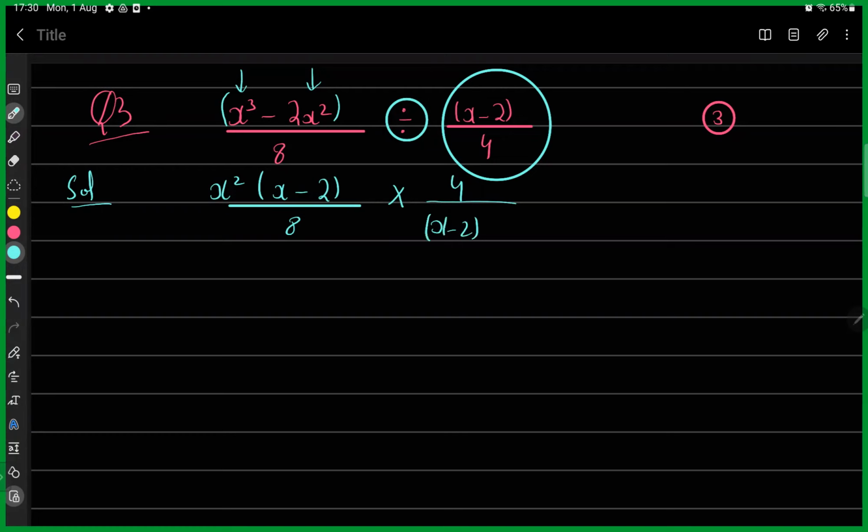Now I am in the position to cancel out stuff because I have a multiplication sign between them. It's 1 times 4, it's 2 times x minus 2, and x minus 2 can be cancelled, and finally I am going to get x squared divided by 2, and this is going to be the answer.